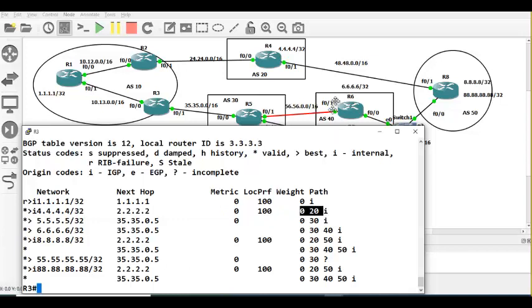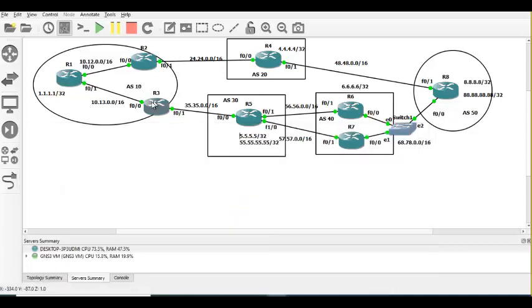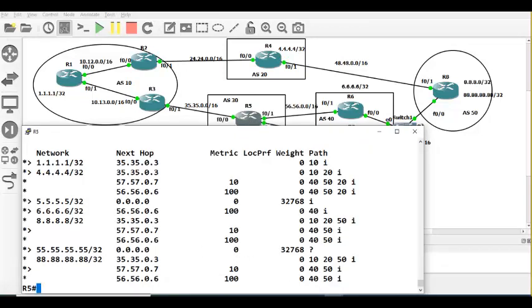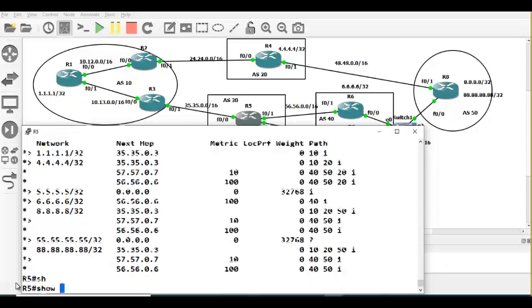So let us now change the testing place. Instead of testing on Autonomous System 10, I'm going to test on router 5. This is the best place for us. Listen. Router 5, show IP route.